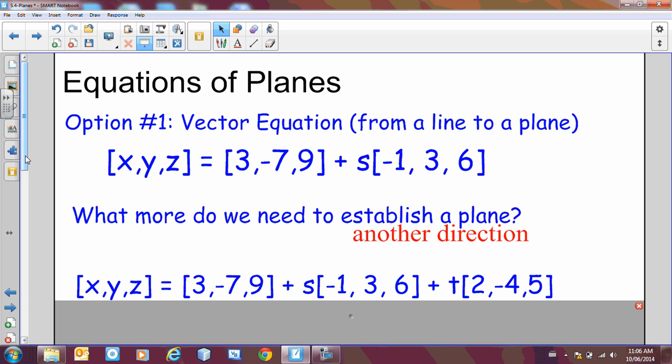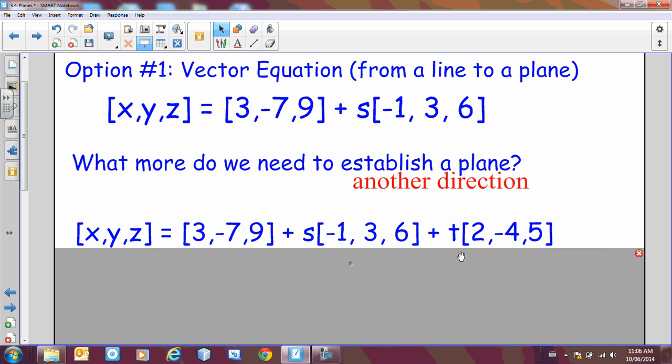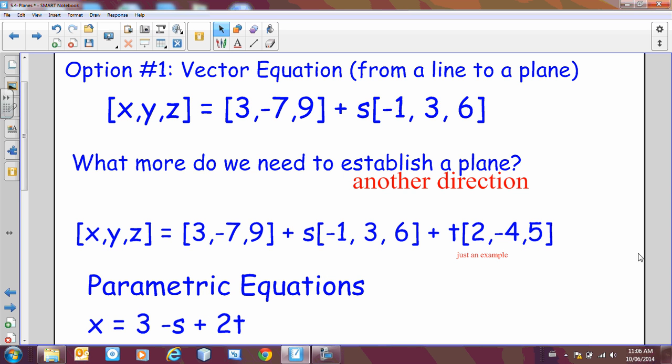As an example here, this equation looks a lot like the previous one, but it would represent a plane that contains that line. So this is the line, and then the line can also go out in some other direction and form a plane. And as I said, this is just an example. The reason I picked 2, -4, 5 was because I wanted to pick 2, -4, 5, not because it's the right answer.